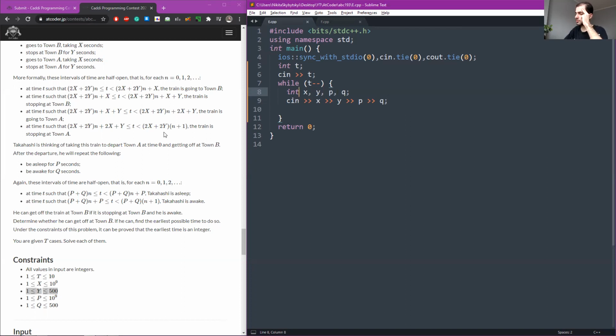So in order for him to miss the first stop, Y should be, P should be, okay, it's not clear.